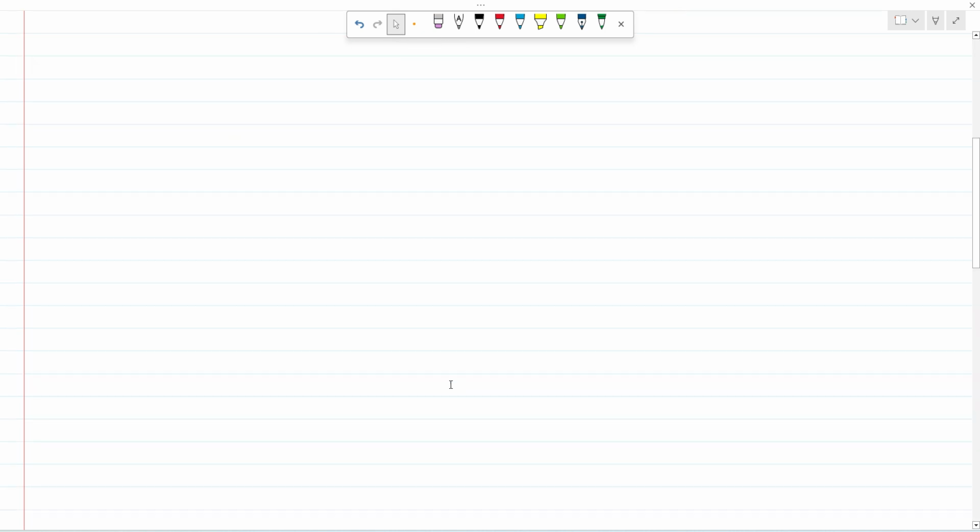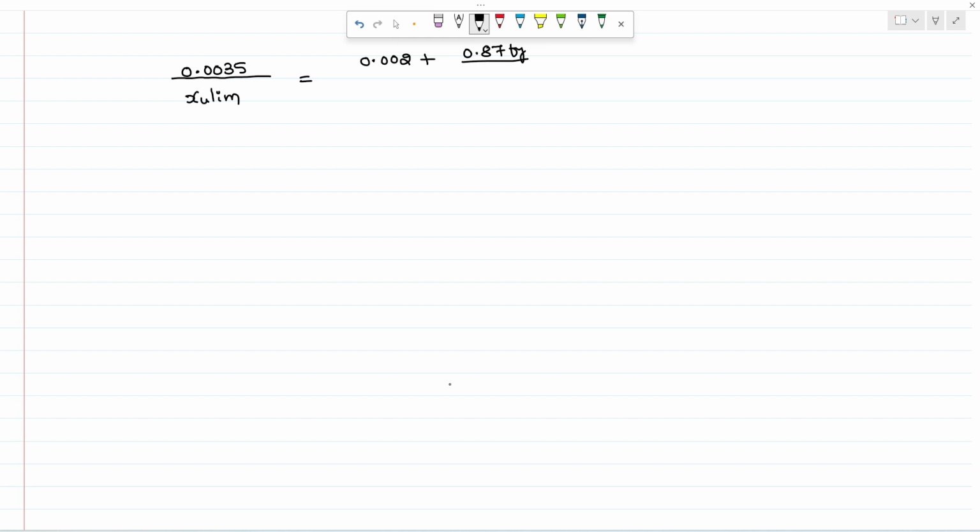So from the above diagram, AC can be written as 0.0035, AB as XU limit, and ED as 0.002 plus 0.87 Fy divided by ES, and BE can be written as D minus XU limit.